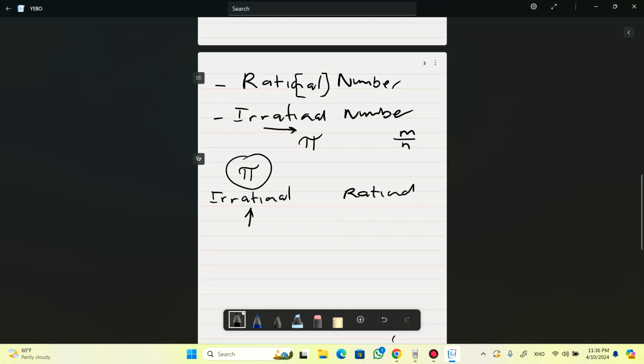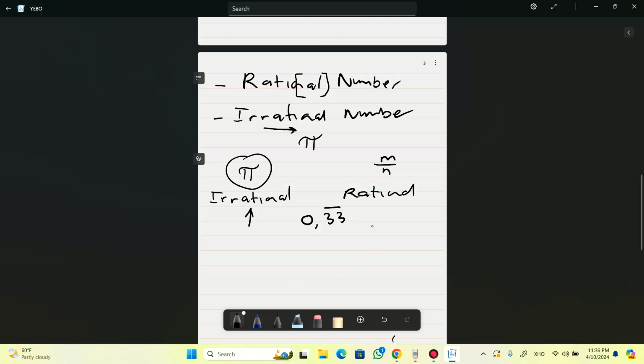Okay. So basically, by rational, I mean that if a number is rational, it means that I can manipulate the number to be in the form m over n, right? So let us look at an example. Let's say I have 0,33 recurring.